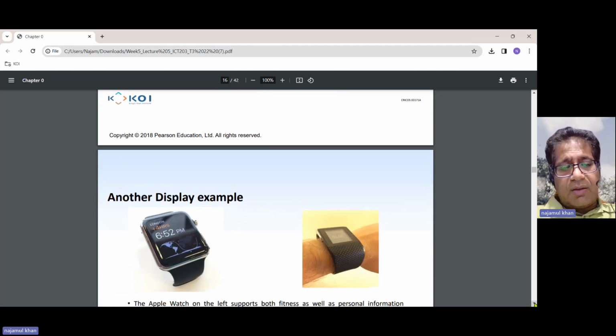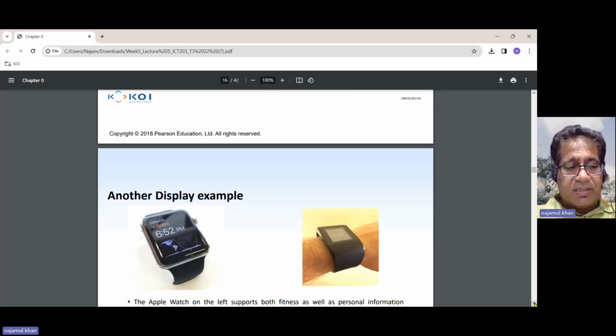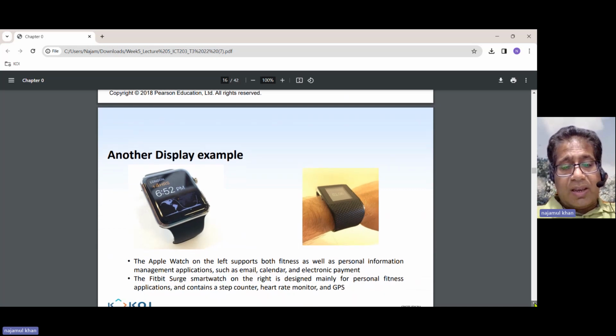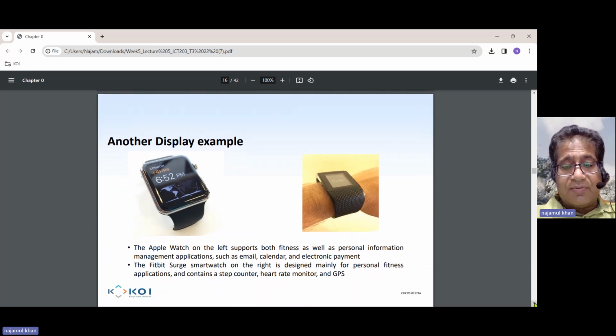Another display, guys, this is what I was talking about, small size displays these days. Watches are becoming very popular among young users. This is an Apple Watch on the left, which supports both fitness as well as personal information management applications such as email, calendar, electronic payment. A lot of things can be done. Imagine, with the watch you can perform so many things, which is quite amazing actually.